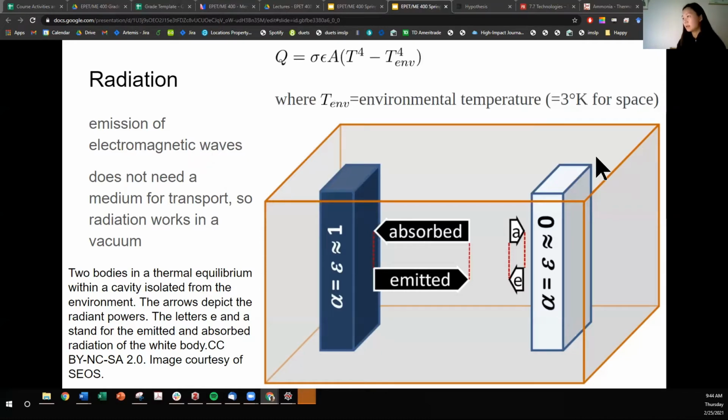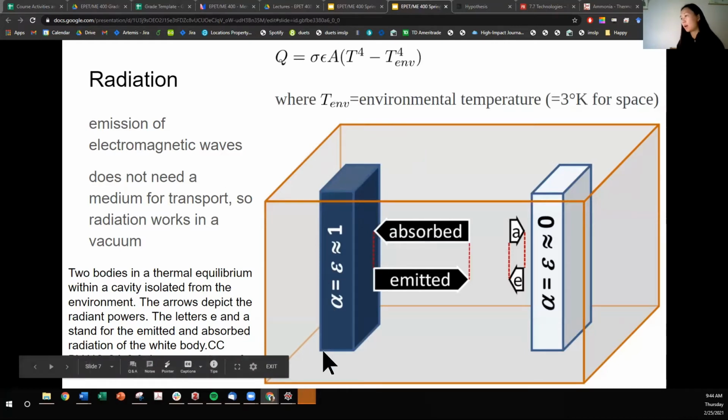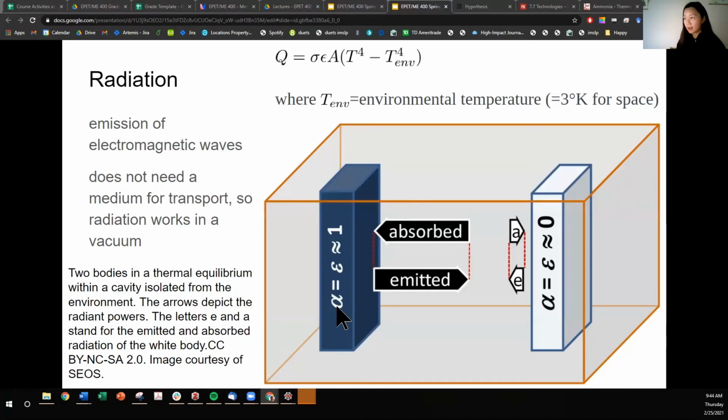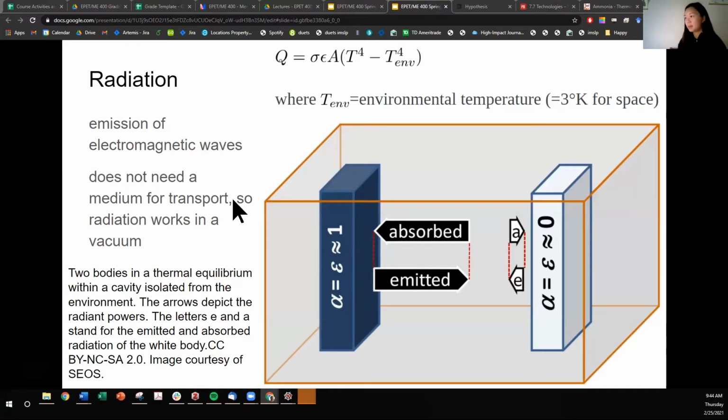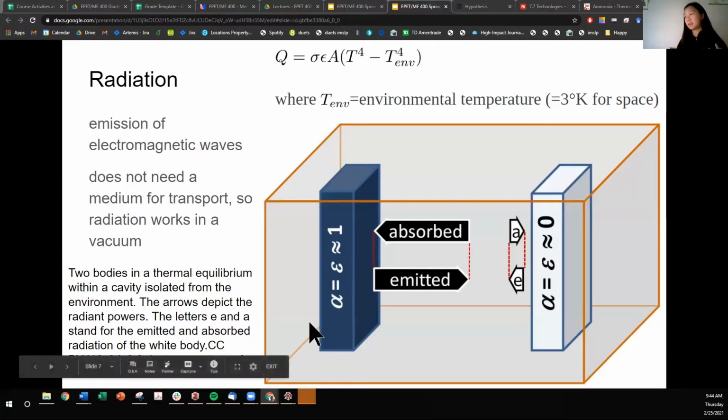So let's look at these two bodies. Here is a black body where your absorptivity and your emissivity, which are two separate material properties, are approximately 1. So a black body absorbs all the energy and it also emits all the energy.